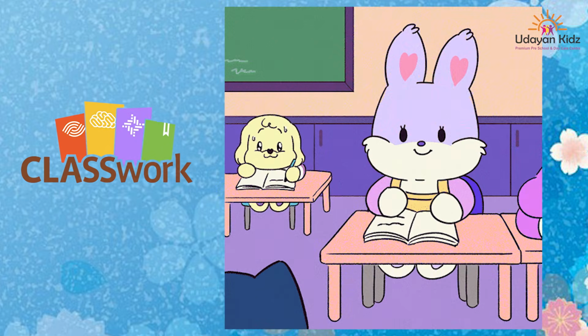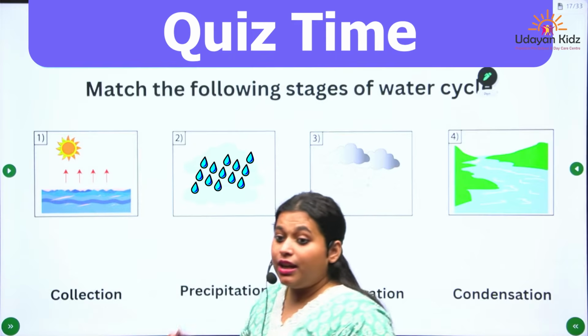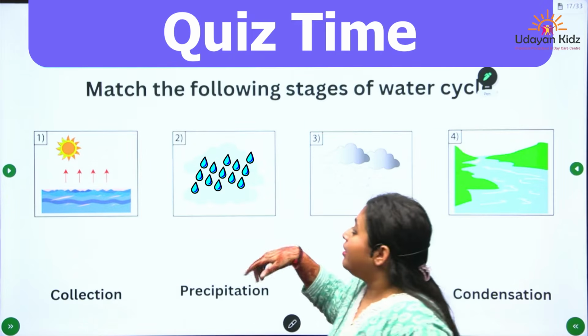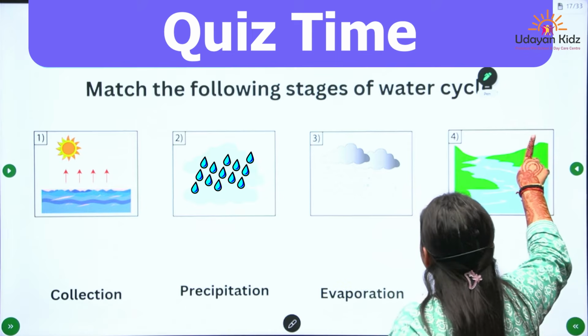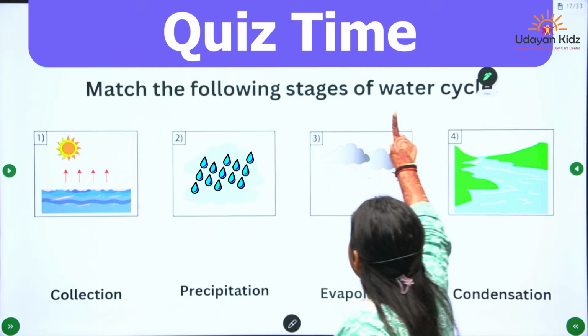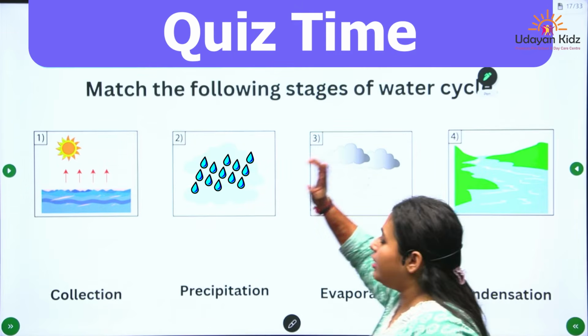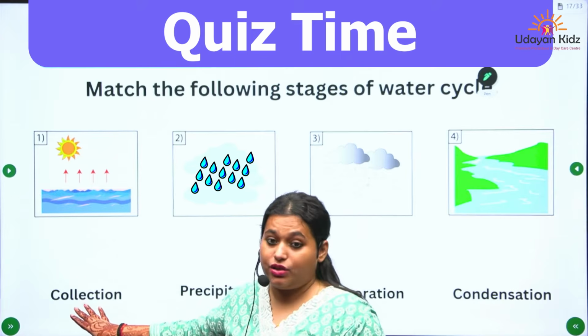Now it is classwork time. Let's solve the question. So, next is quiz time. Match the following stages of water cycle. Now it's your turn. The first one is collection.